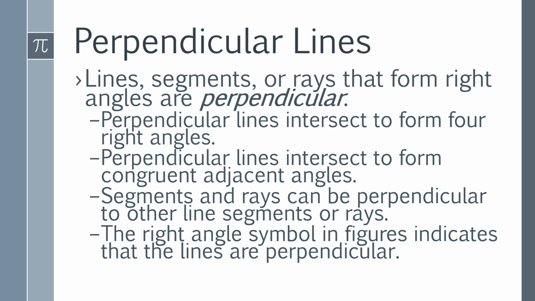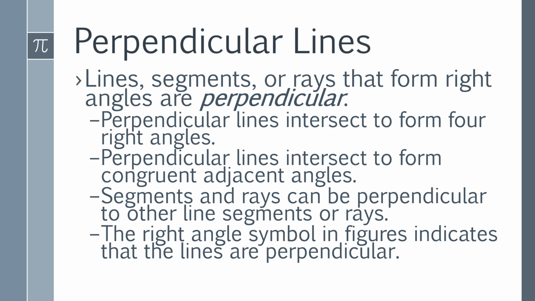Okay, the next type of lines we want to talk about, because they create very special kind of angles, are perpendicular. So any line segments or rays that form right angles are perpendicular. If you remember, right angles are angles that equal 90 degrees. So perpendicular lines intersect to form four right angles.